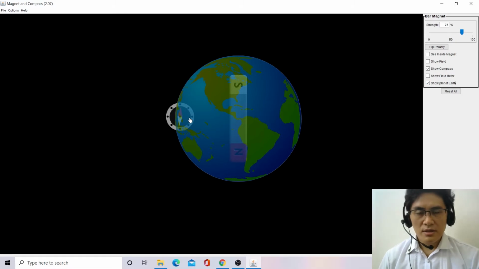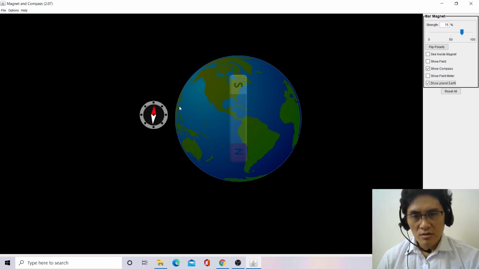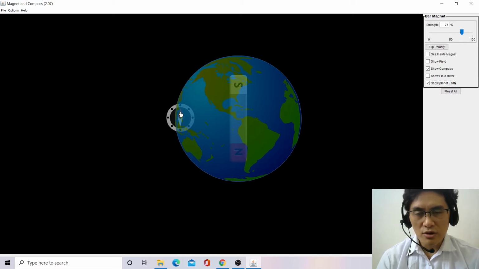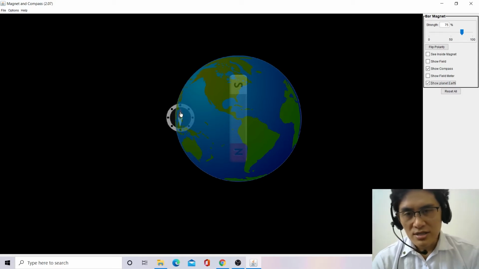That's why Luzon would be your north, because compasses always point to the north. If this is an arrow, the red part is the arrowhead. That's why the arrowhead points to Luzon. So that's why Luzon is the northern part.